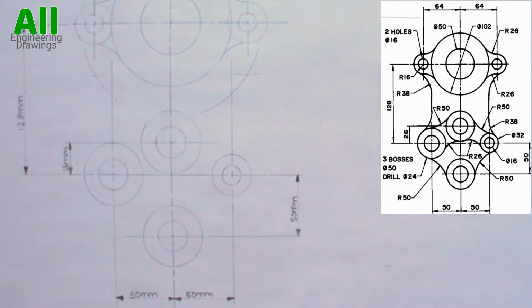Since the radius of the arcs is 38 millimeter, I will draw a line parallel to this line and 38 millimeter from it. I will also do so for this line. To do so, I will adjust my compass to a radius of 38 millimeter. Then I will place the compass on any 2 points on the line, cutting arcs.